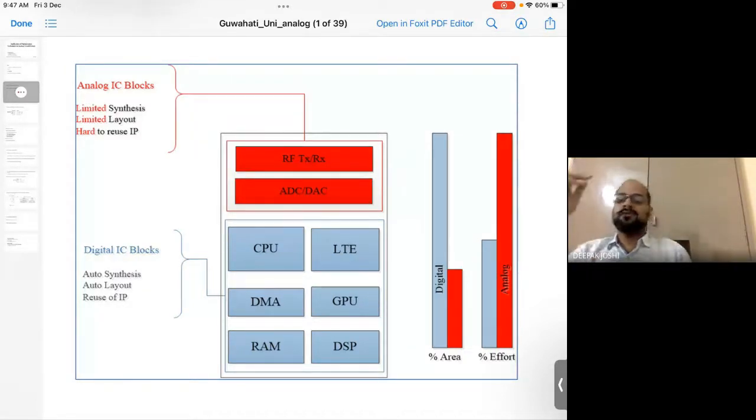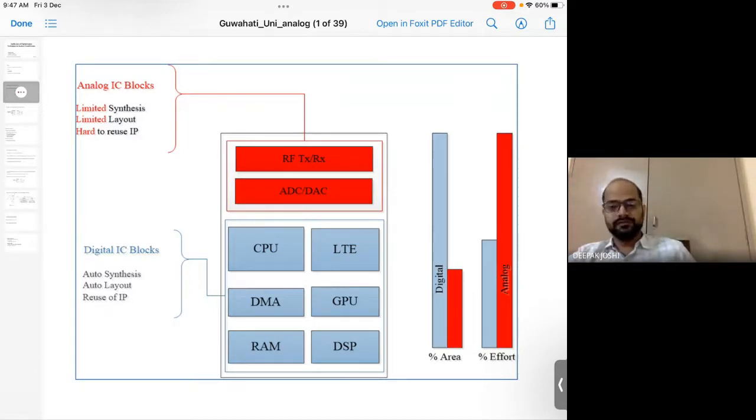Why is it so? Because in digital design and digital blocks, you might be familiar that multiplexers are used, adders are used. Ultimately you have to design a cell, let's say one adder, and the same adder will be used throughout the device or the system.